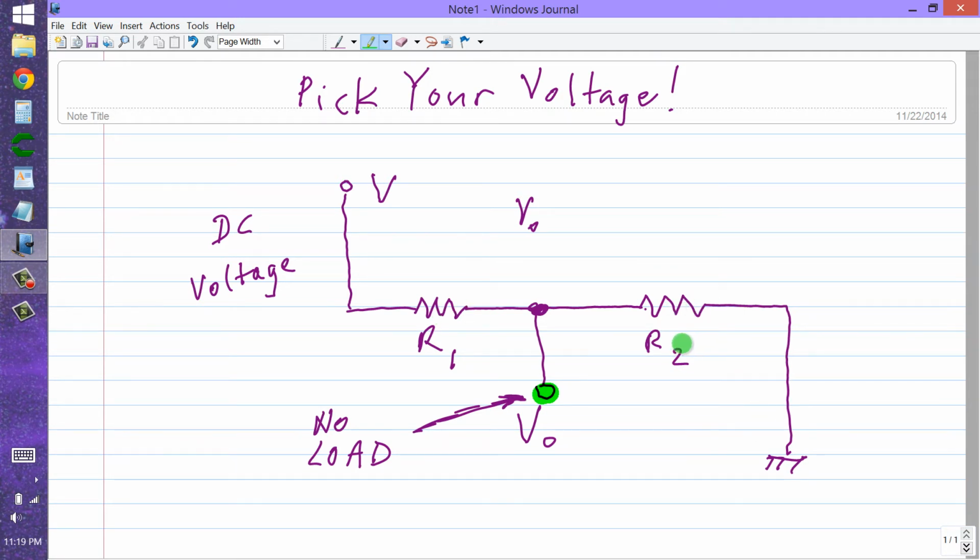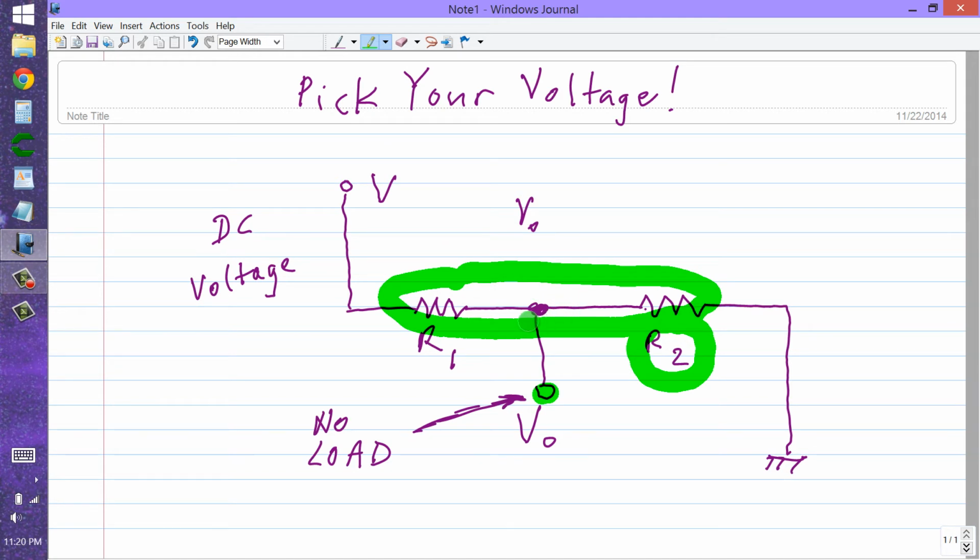So whatever you do here, you want to make sure that these resistances have the correct ratio. But there's a trick. The important thing is the ratio of this resistance R2 to the entire sum of resistances, in this case only two resistors.